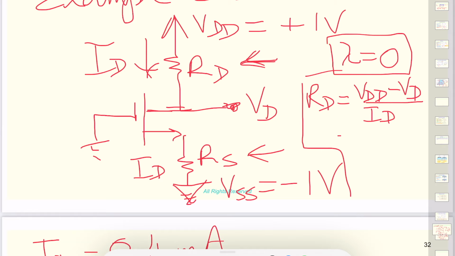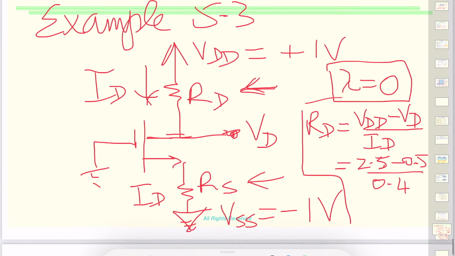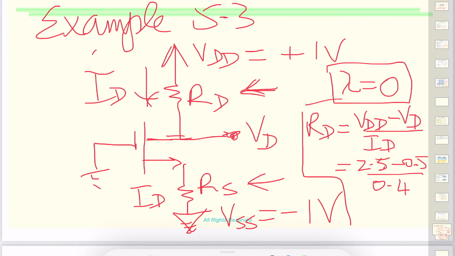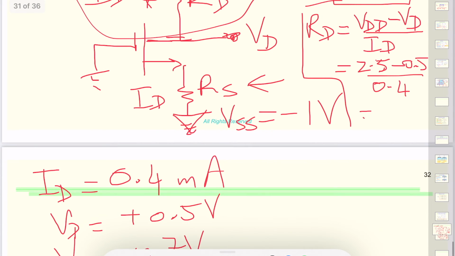So straightforward, 2.5 minus 0.5 divided by drain current 0.4. From here to here, we are looking at this part. So that gives us drain resistance 5 kilo ohms.